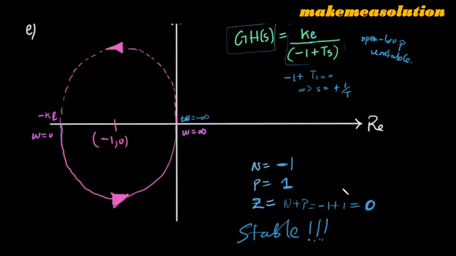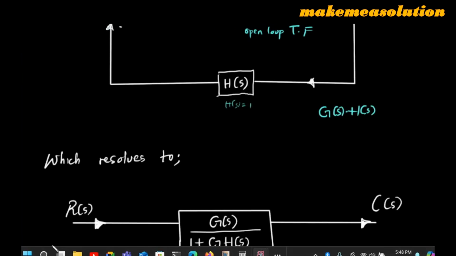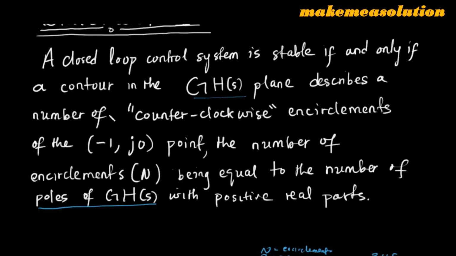Is that okay? So this is statement number 1, where we said that whenever we have any control system, the number of counterclockwise encirclements should be equal to the number of what? Open loop poles. So let's just flash to statement 1 again, where a closed loop control system is stable if and only if the contour in the G of S plane describes a number of counterclockwise encirclements of this particular point such that the number of encirclements N is equal to the number of poles with positive real parts.